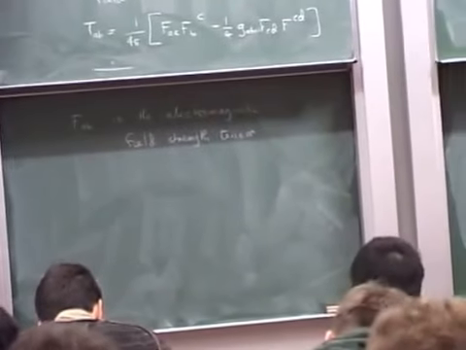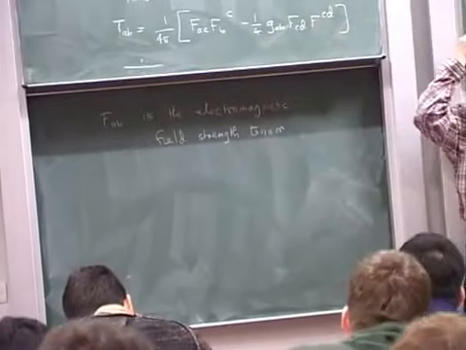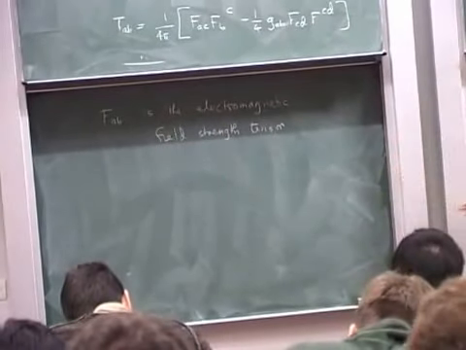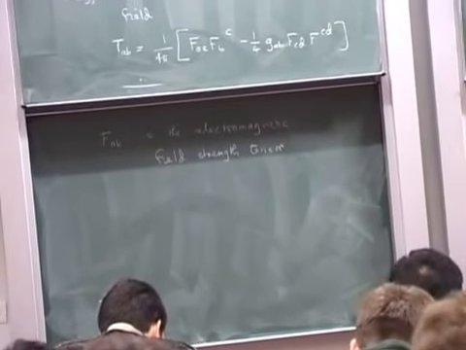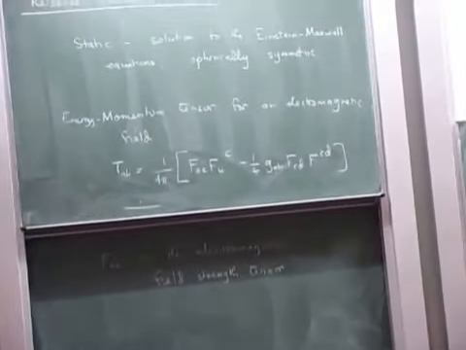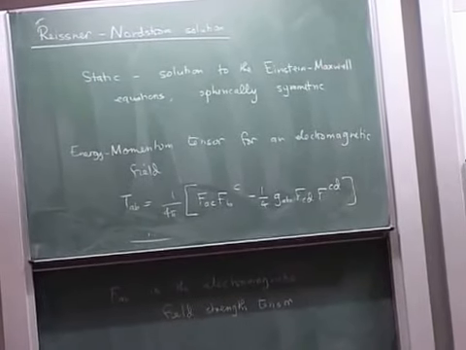Now, it was at this point that I realized that there might be a minor confusion. Does everybody know where this comes from? From varying the action with respect to the metric. Okay, so we don't need to bother with that. So all we need to do then is to write down what the metric and the electromagnetic field strength tensor is.